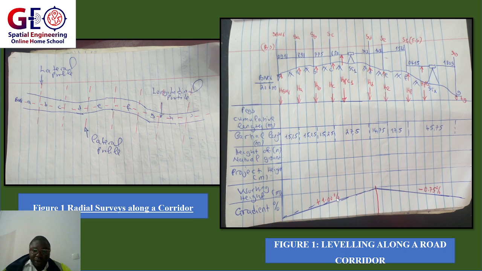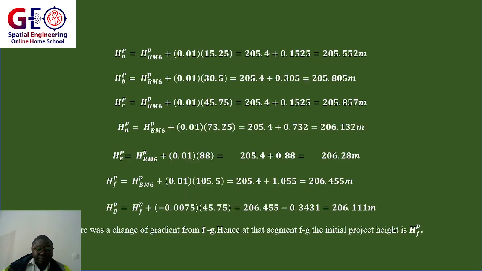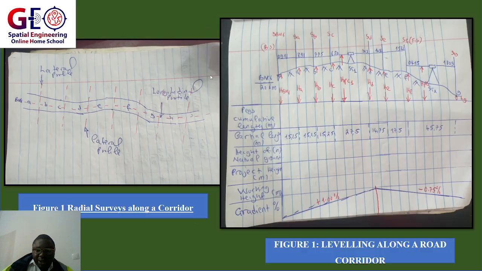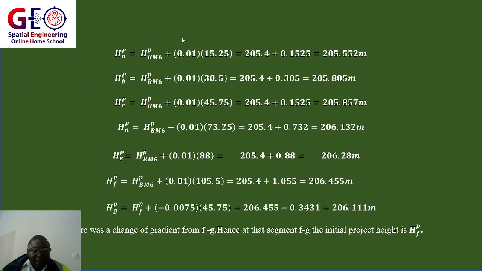If we convert 1.00%, we have 0.01 multiplied by the distance. The distance between BM6 and A is 15.25, so we have 0.01 multiplied by 15.25. If we do all the mathematics, we are going to have 205.552.